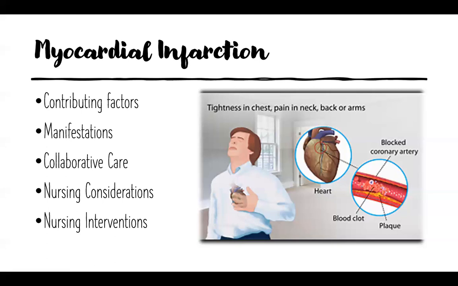Anticoagulants could be heparin, right? Thrombolytics must be given within 6 hours of the cardiac event. Thrombolytics will help to bust up those clots, right? And so we're thinking about streptokinase or alteplase recombinant, okay? So again, these thrombolytics must be given within 6 hours of a cardiac event.